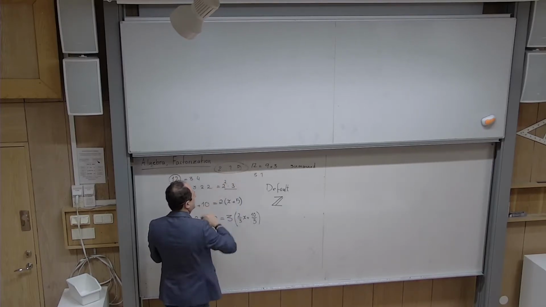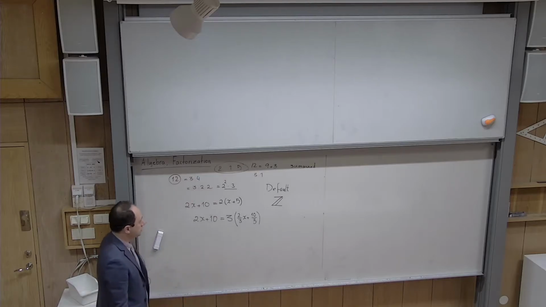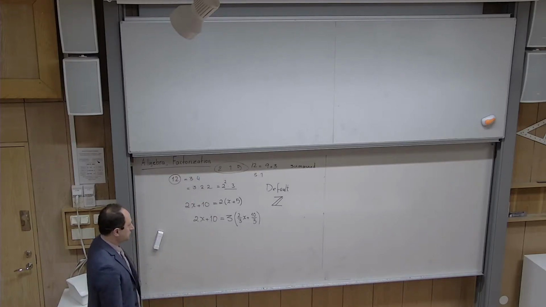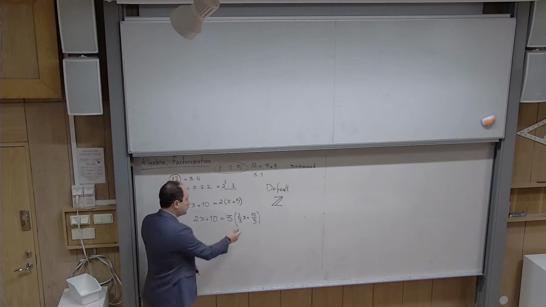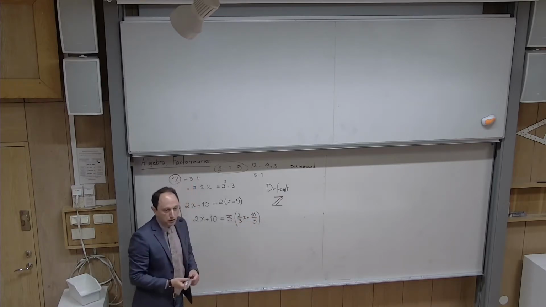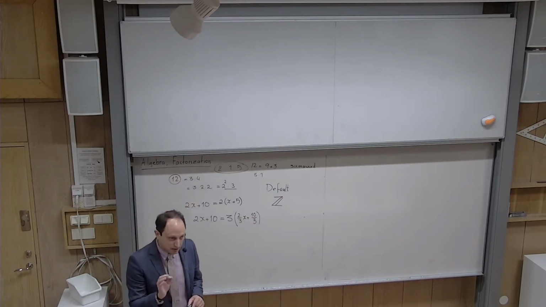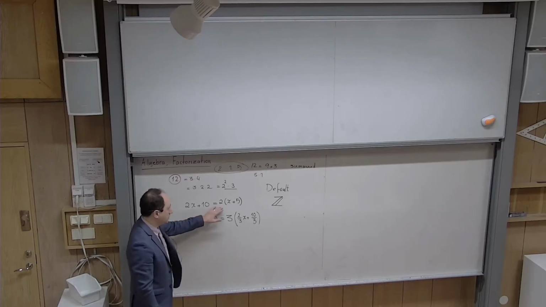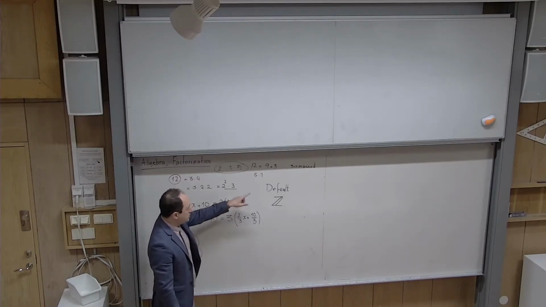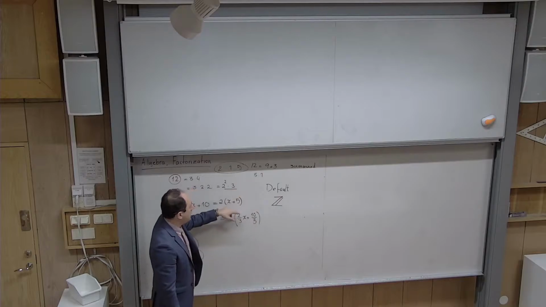These numbers are all integers. They are whole numbers. But here, these 2/3 and 10 over 3 are not integers. So this is important. When I ask you to factorize, I mean by default work on the set of integers.